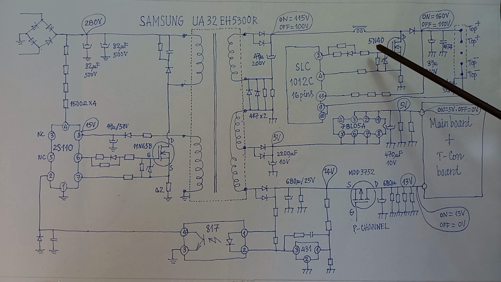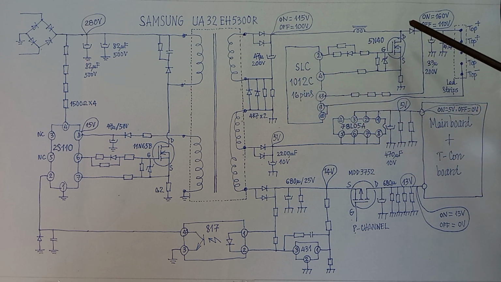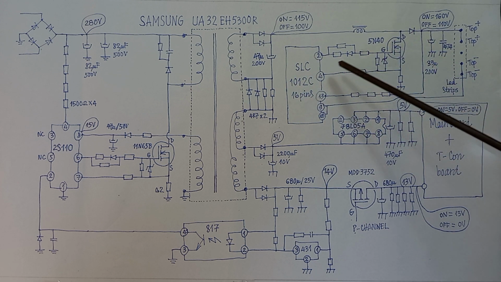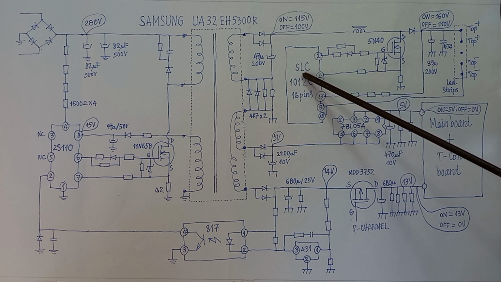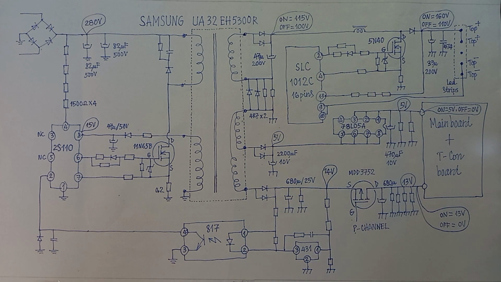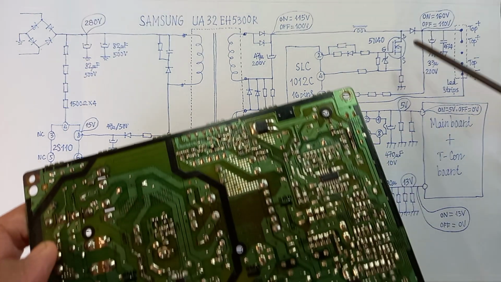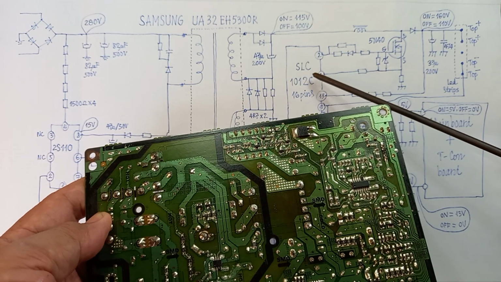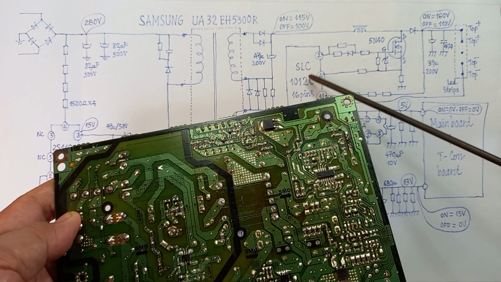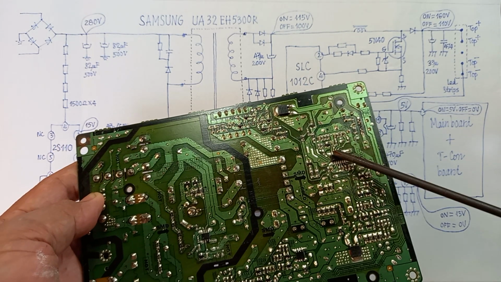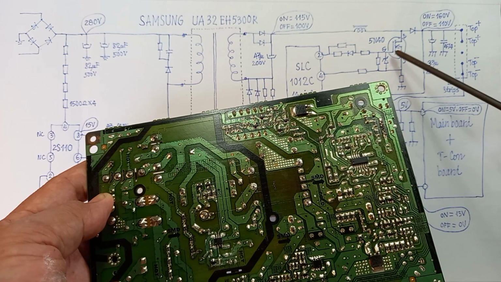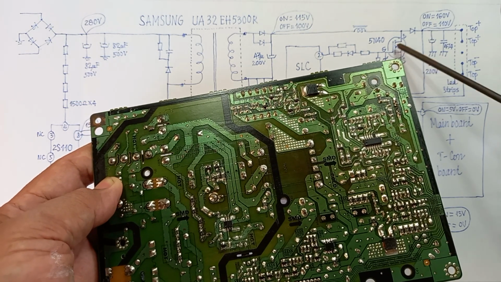Now you can see the booster circuit consists of a MOSFET and the IC. Here is the IC. Here is the MOSFET.